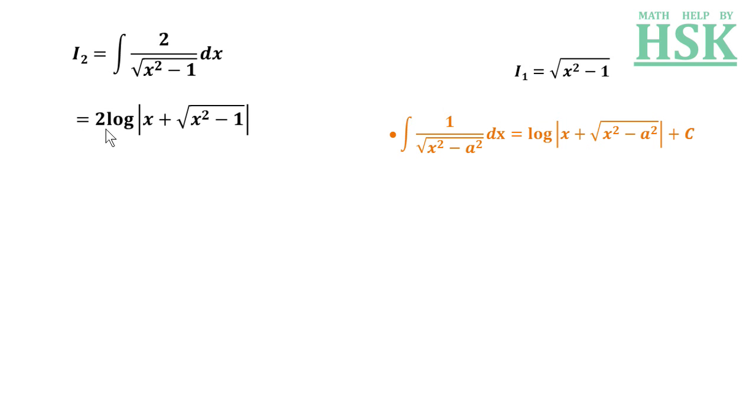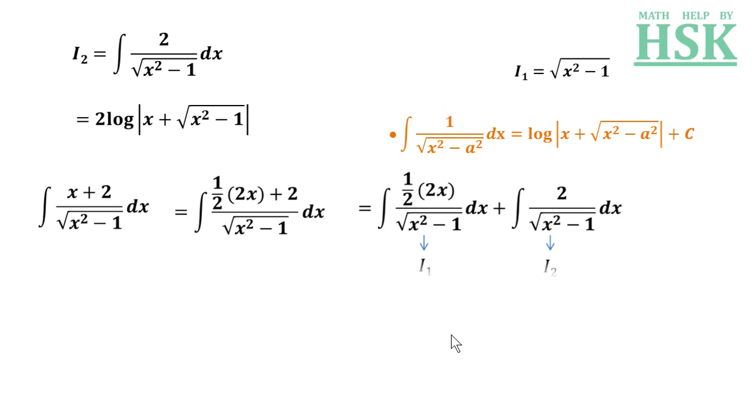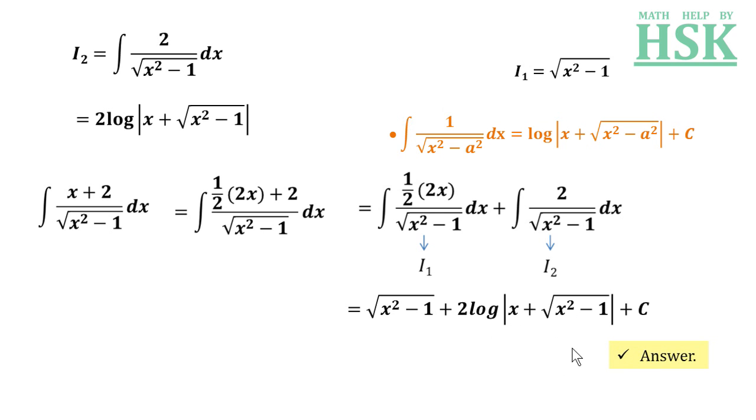So I'm going to get this as 2 log x plus square root of x square minus 1. So I've calculated I1 and I2. Substituting for I1 and I2, I get the value of the integral of this function is equal to square root of x square minus 1 plus 2 log x plus square root of x square minus 1 plus c, which is my required answer.